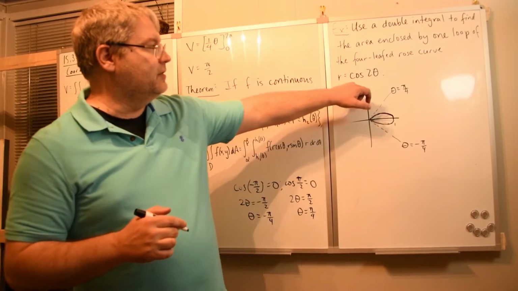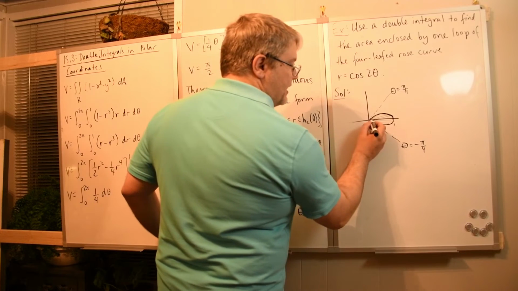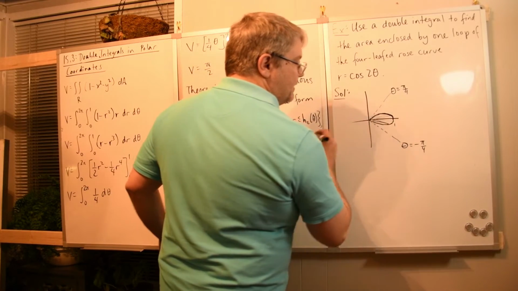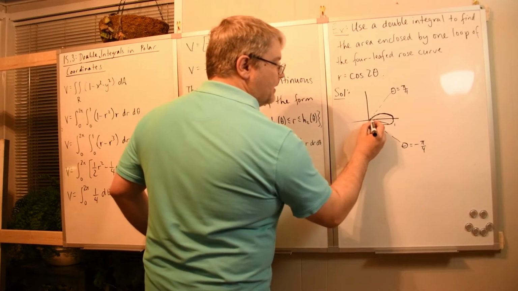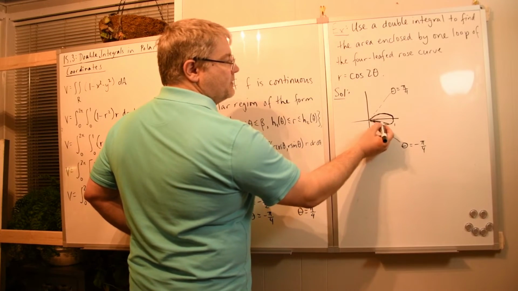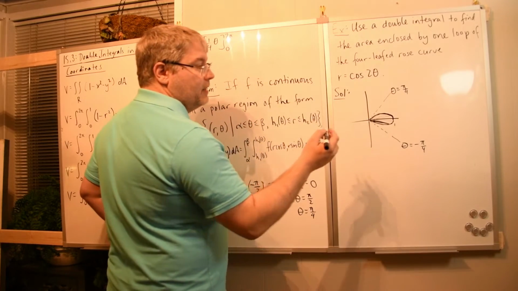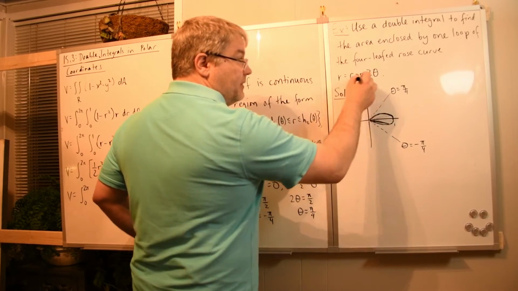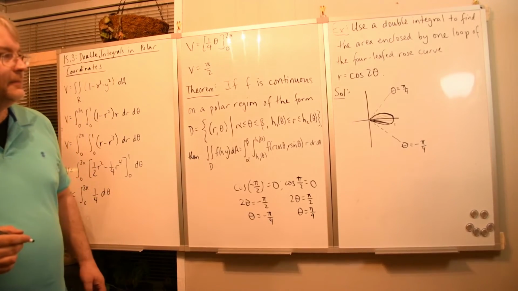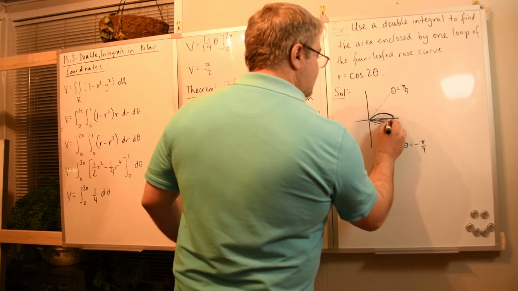The upper bound is given to you right here. It's going to be cosine of 2 theta. So if I take some radial line between negative pi over 4 and positive pi over 4, and I figure out what the different possible r values are for points along here in the region, the smallest r value we can have is 0, but the largest one is going to be bounded by cosine of 2 theta.